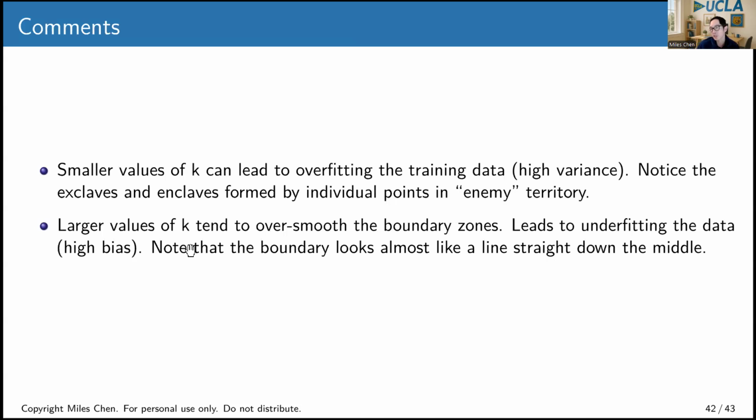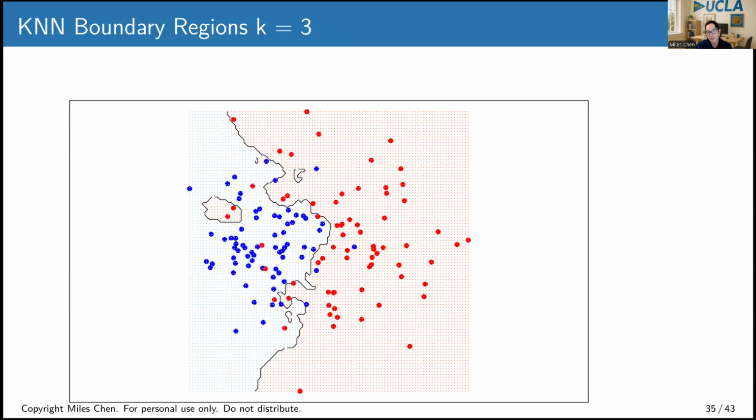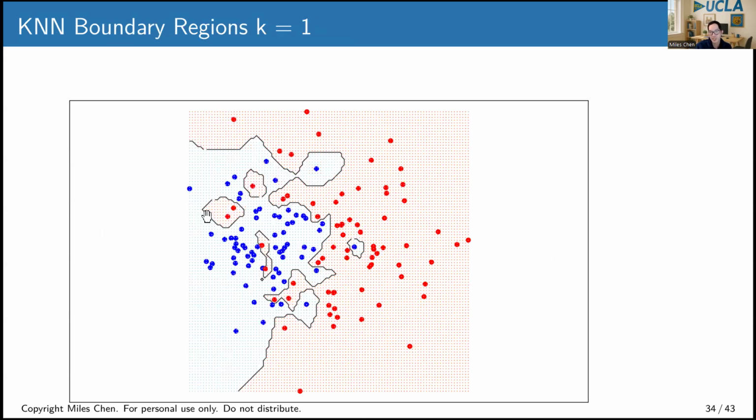So, my overall comments on this is that smaller values of k can end up leading to overfitting the training data, where we have high variance, and you have these exclaves and enclaves formed by individual points that just ended up on the opposite side, right?